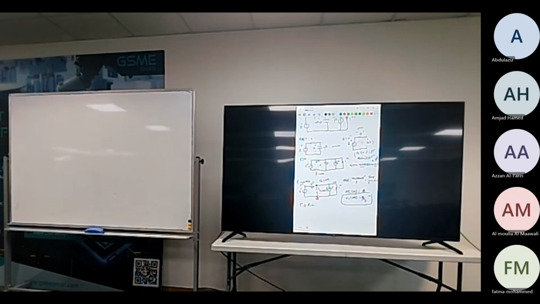I only need to find the equivalent from the perspective of the capacitor. How much is the resistance seen by the capacitor?